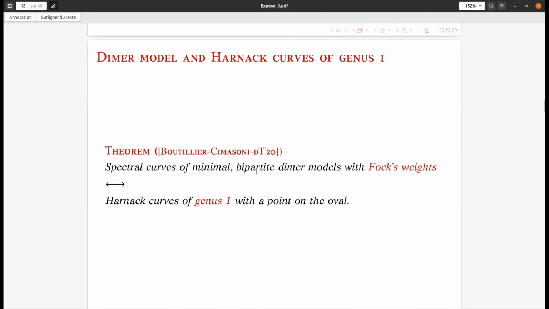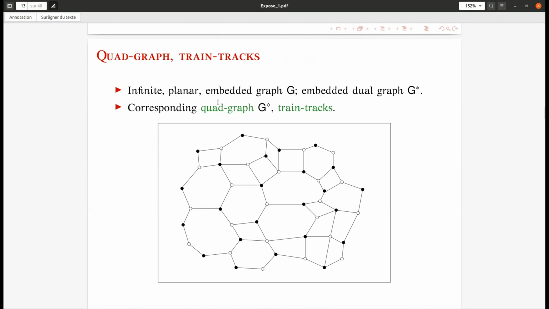So first, minimal graphs. So there will be quite a few pictures to try to convince you of what a minimal bipartite graph is. Okay, so to define minimal graphs, I have to introduce a few tools that are now, I think, quite classical in graph theory, which is the quad graph and train tracks. So it will all be with pictures.